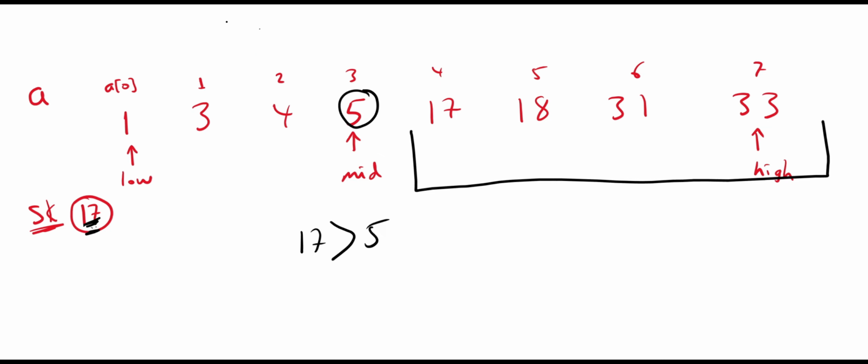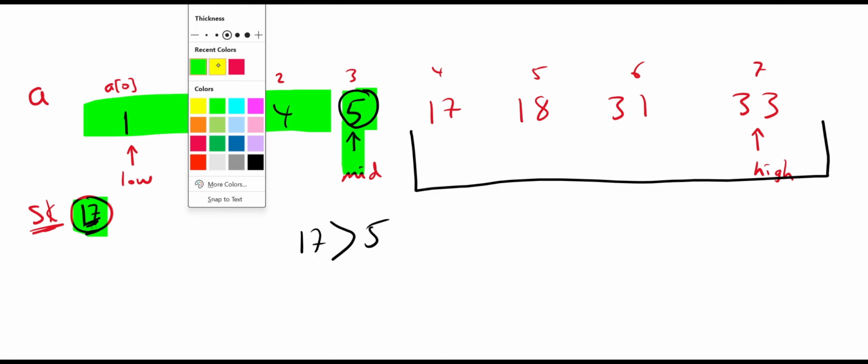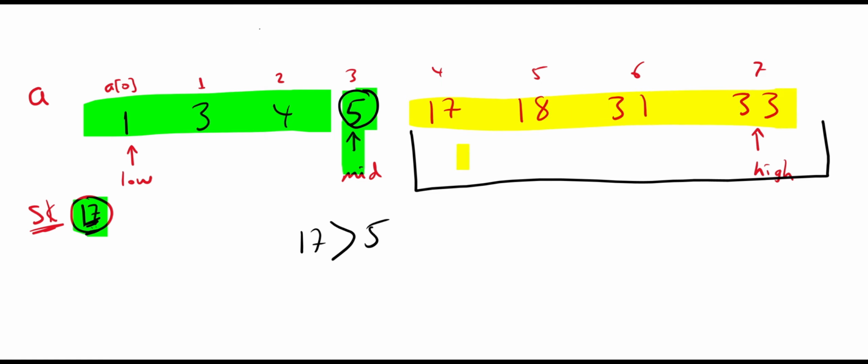So I do not need to check this part. I don't need to compare my search key with A0, A1, and A2, because I found the midpoint and I see that the search key is not equal to this element and it is greater than this element. So I need to check this part. By using binary search, I am earning time. I am decreasing the computation time.